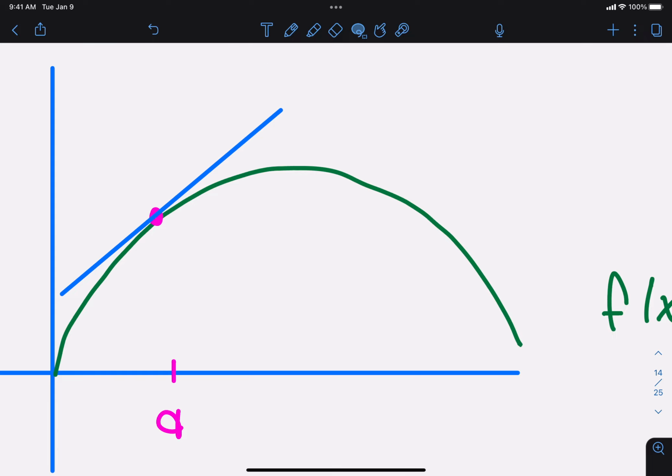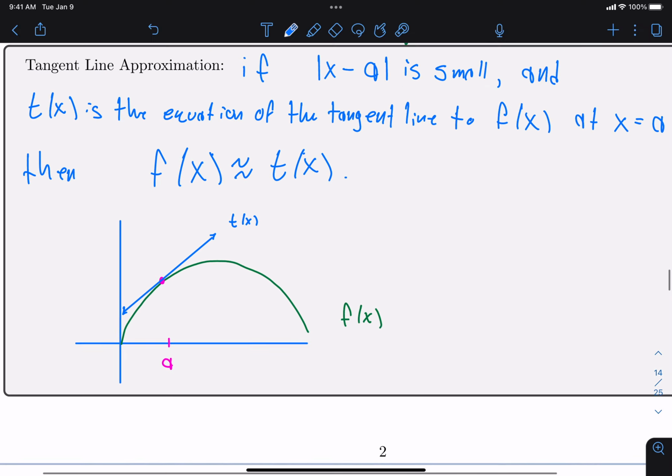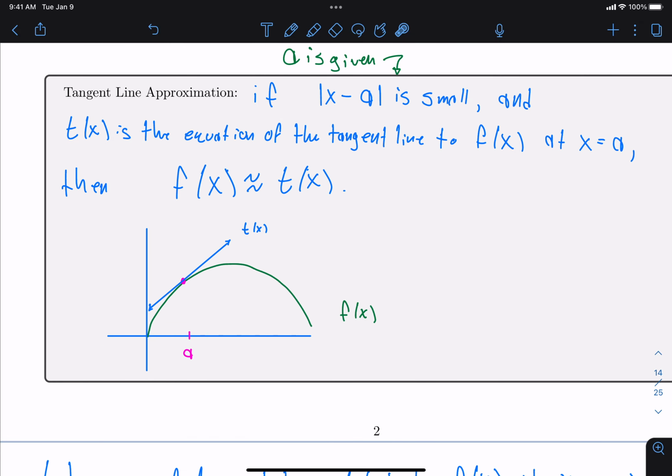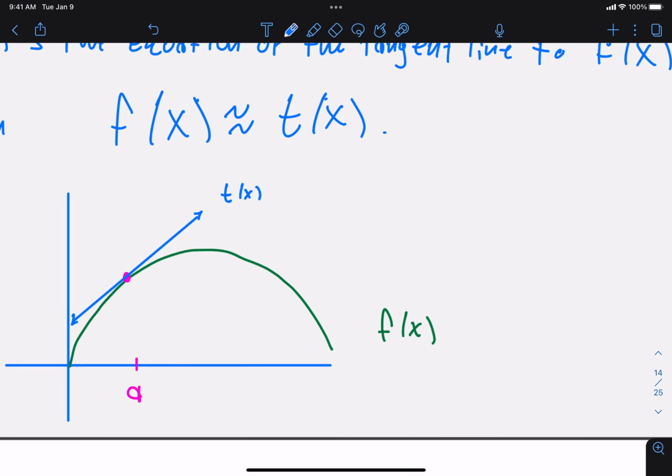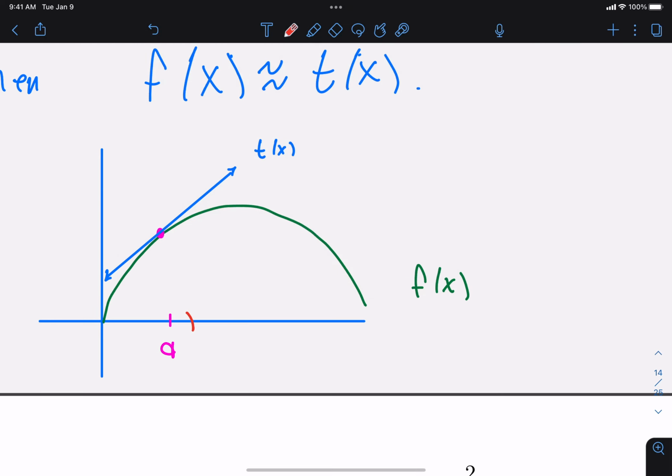Okay, so this is the tangent line. So this is t of x. Okay, so what is it saying? It says, look, if x minus a is small, meaning that the x value is fairly close to a, fairly close to a.